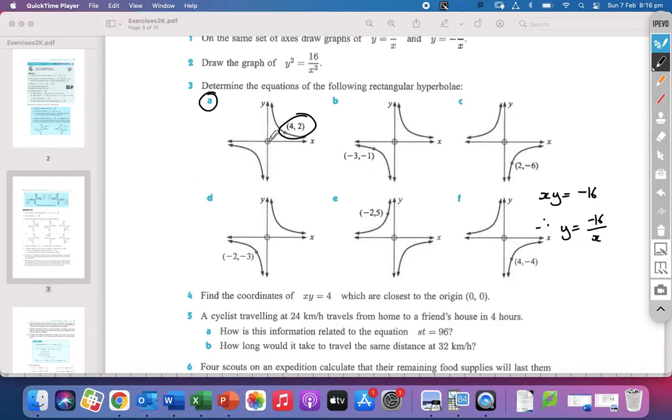Notice how, compared to this first one, where the function's graphing in quadrant 1 and 3, this one's graphing in quadrant 2 and quadrant 4, as I would expect it to, because this is a negative. So that's pretty straightforward.